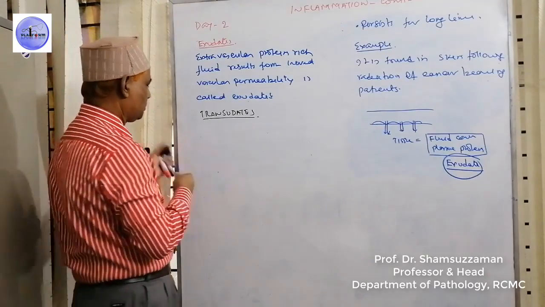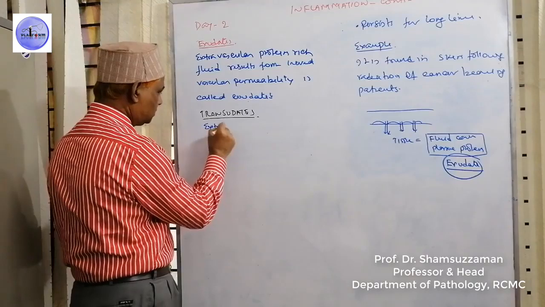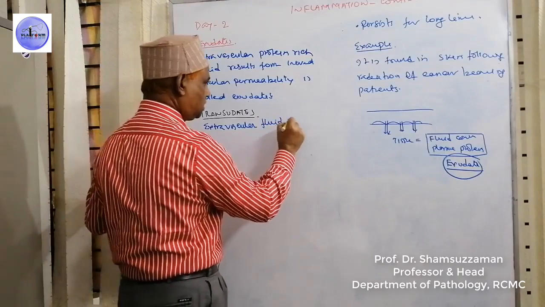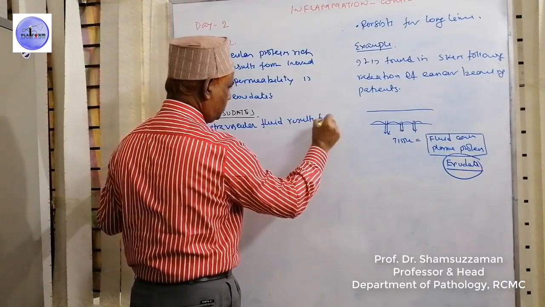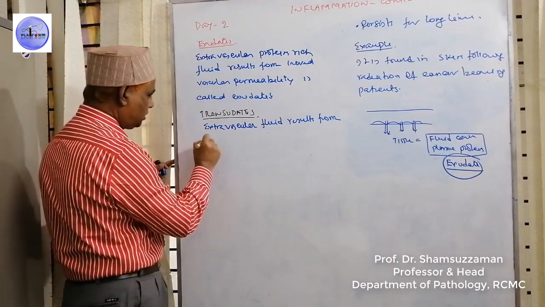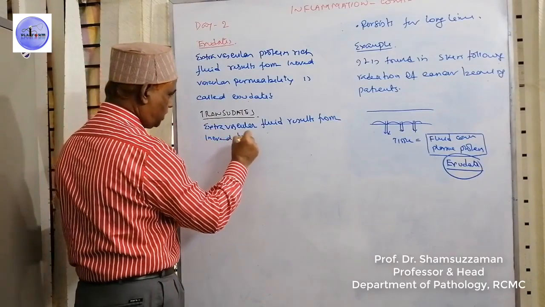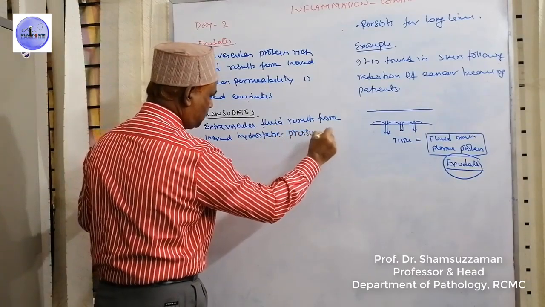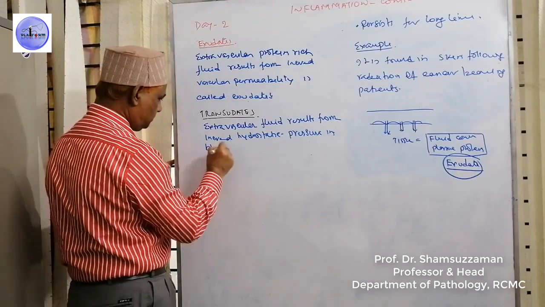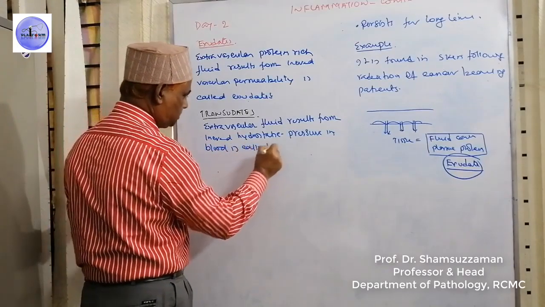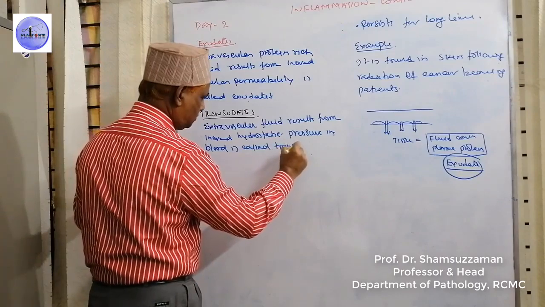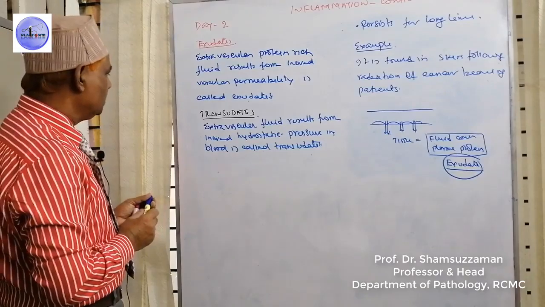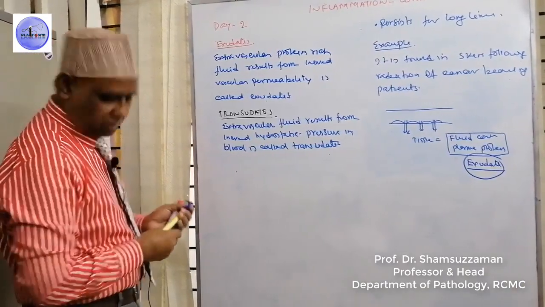So extravascular fluid that results from increased hydrostatic pressure in blood is called transudate.